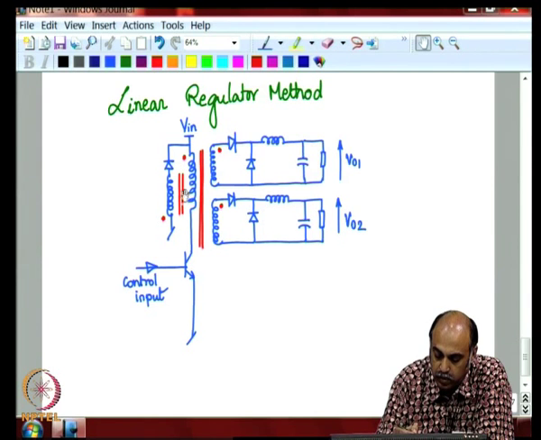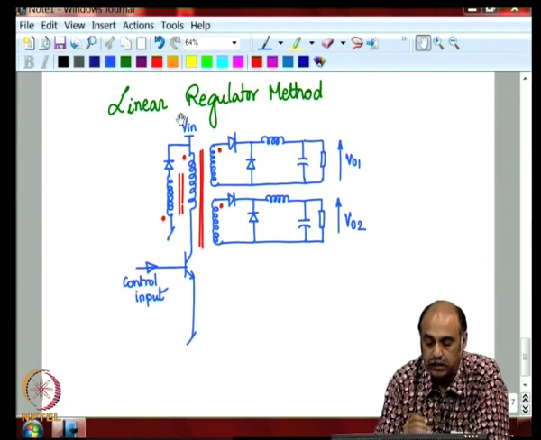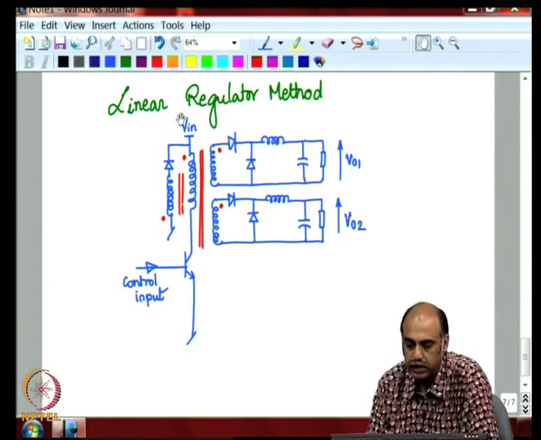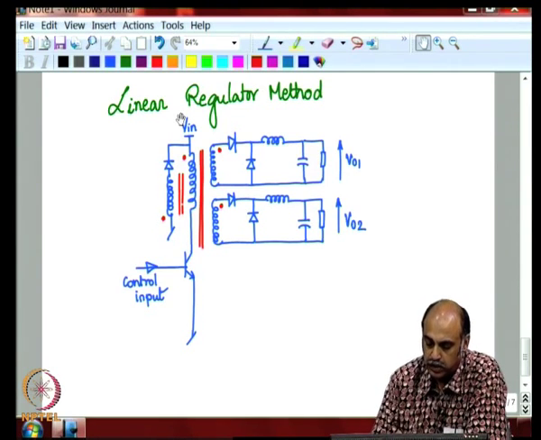At the same time, because the non-dot end is positive, this will turn on this diode and put the energy into the supply. So, the magnetizing energy is pushed into the supply. This is the operation of the forward converter, which you already know.